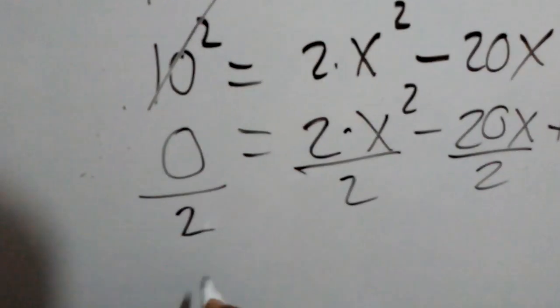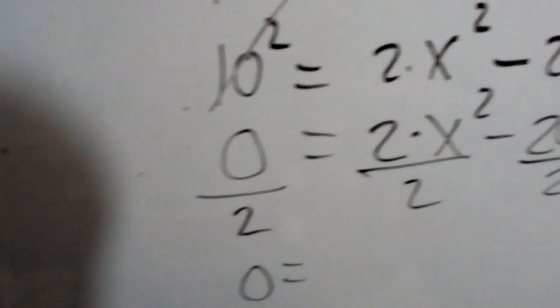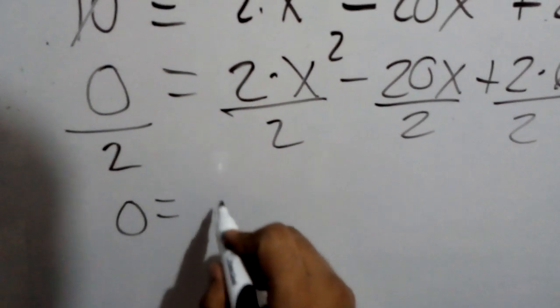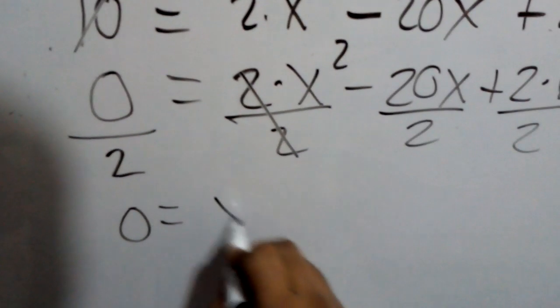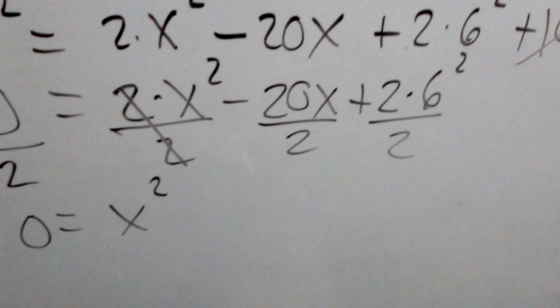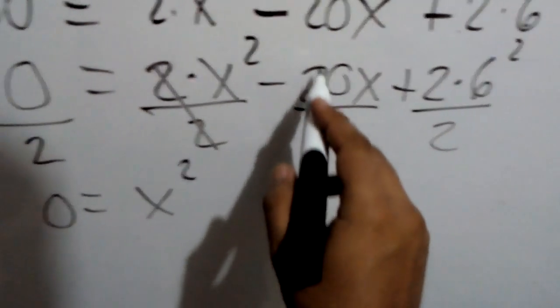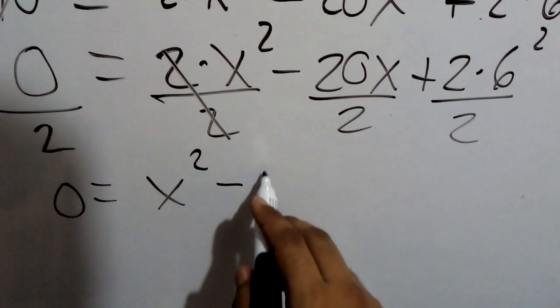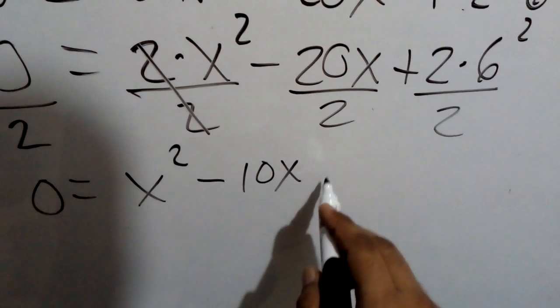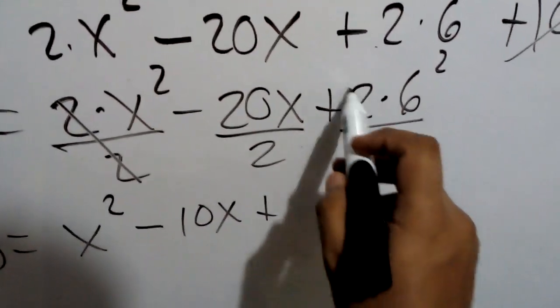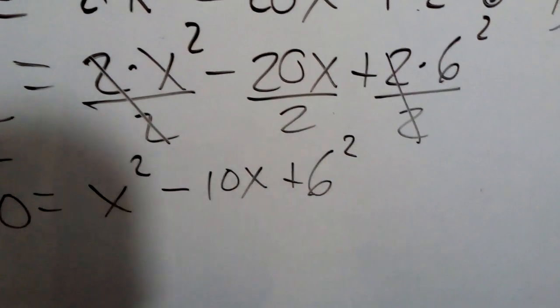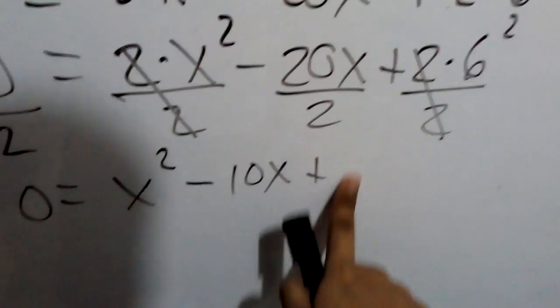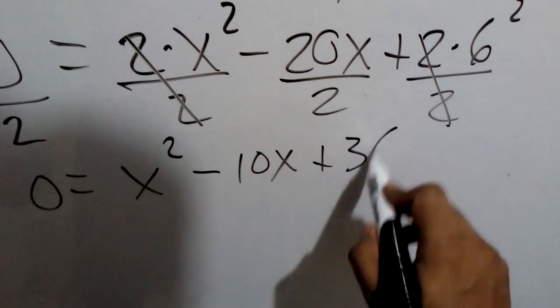And we have this new equation: 0 divided by 2 is 0, of course, and 2 by 2, this is x squared, and 20 divided by 2 is just 10x, plus 2 divided by 2 is 6 squared. So instead of 6 squared, now I think it's a good time to write 36.